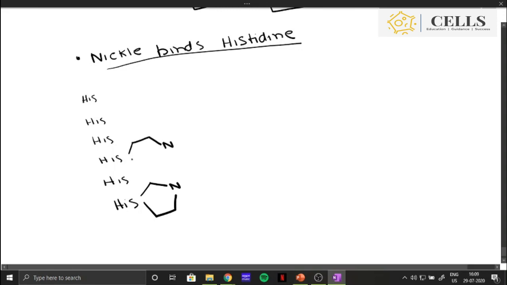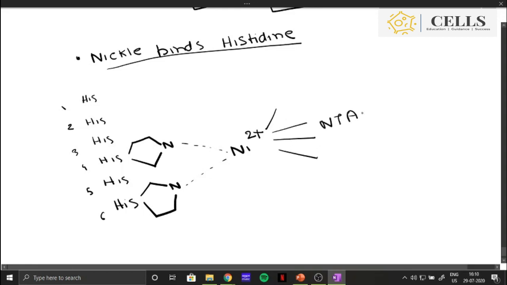Now what this nickel does is, in place of binding to a water molecule, it binds to alternative histidines. Suppose these are 1 2 3 4 5 6, nickel binds to alternative histidines and then it is bound to NTA as shown above, which is bound to agarose.